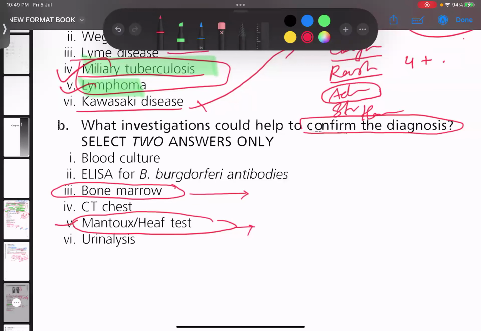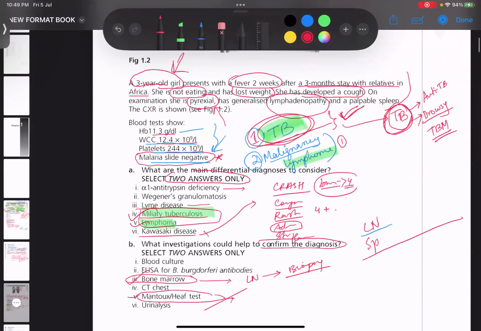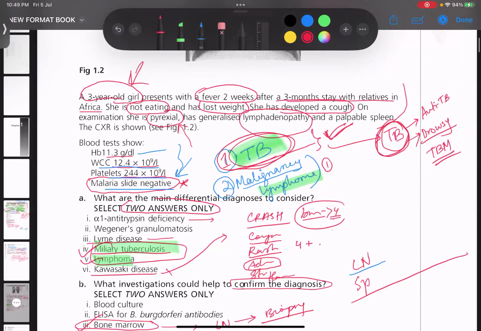Ideally, it would be lymph node biopsy. But then there is no option for lymph node. Because if it's lymphoma, I would consider the lymph node biopsy actually. I would not go immediately to the bone marrow. Okay. So we are considering Mantoux test along with bone marrow. So most likely this is a case of TB presenting to us, considering the given information. Okay, we are also keeping malignancy in mind.